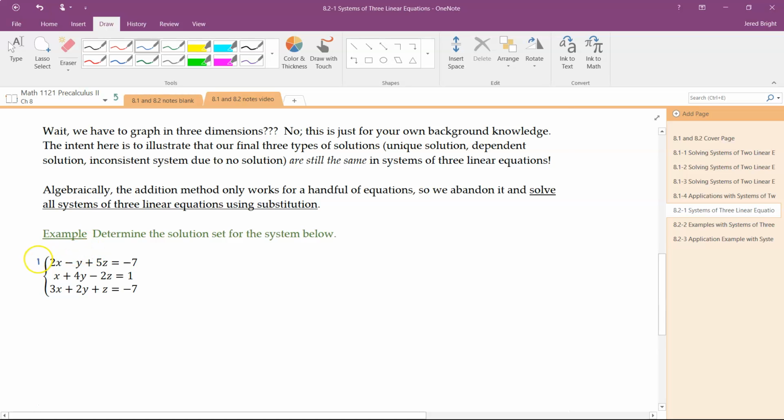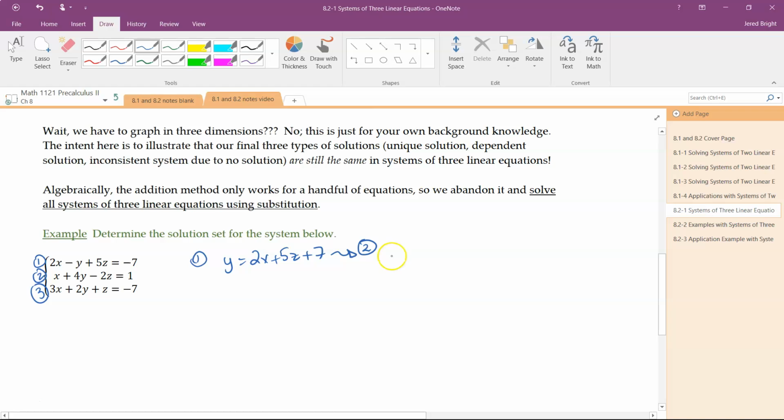So I'm going to number my equations just for ease, and in the first equation I'm going to isolate y. So I'm going to move y to the other side, move 7 to the other, and I'm going to say that y is equal to 2x plus 5z plus 7. Okay, and then I'm going to take that and substitute that into 2.